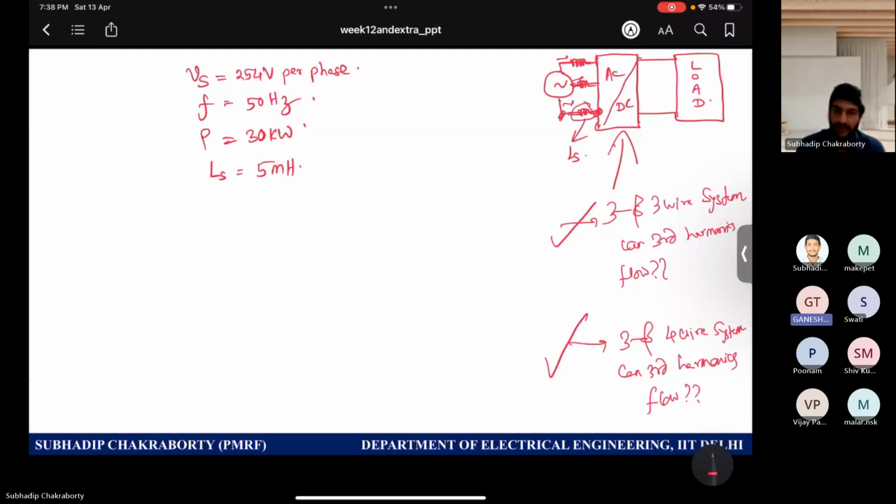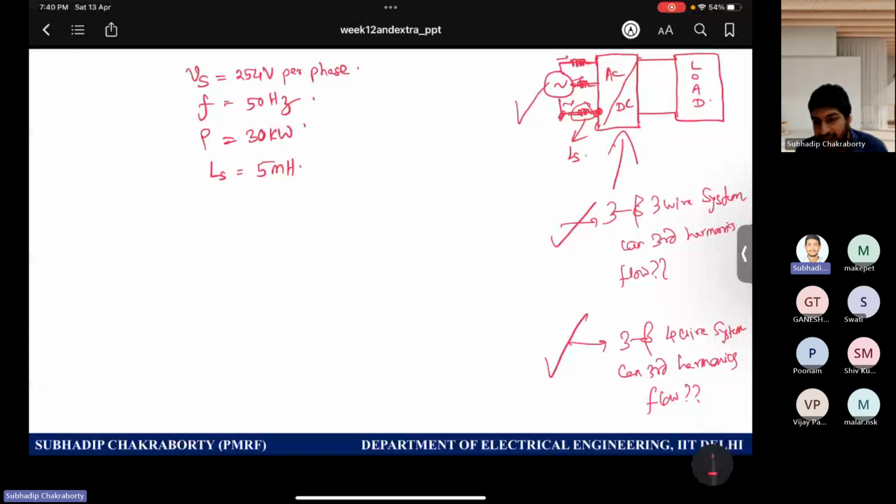Sir, through neutral, we can carry unbalanced current or harmonic currents, maybe. Sound is coming from your end. Noise is coming actually. So now you can speak. No noise is there.